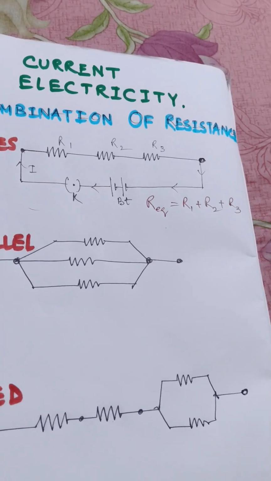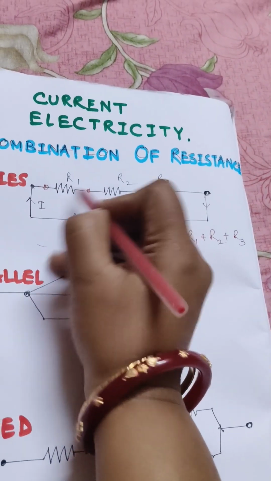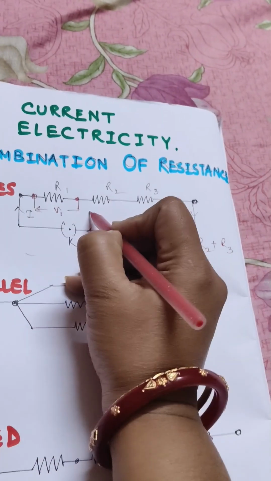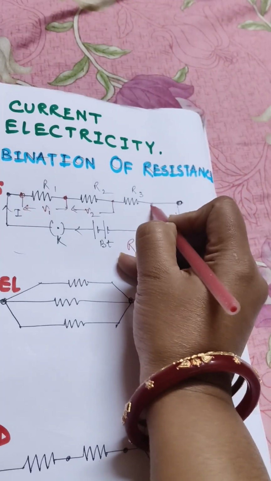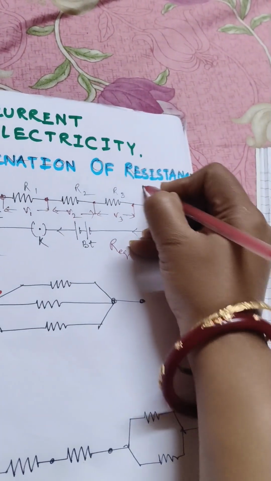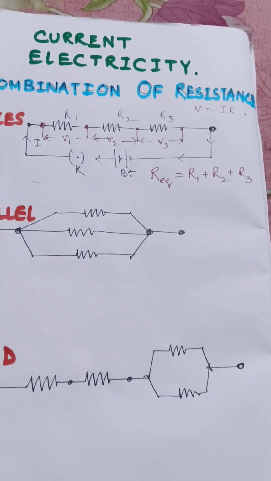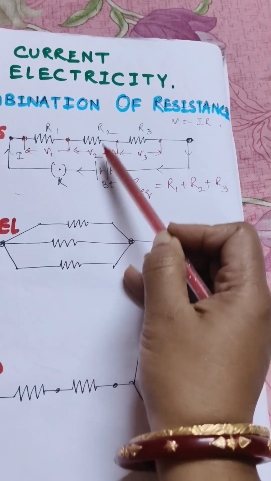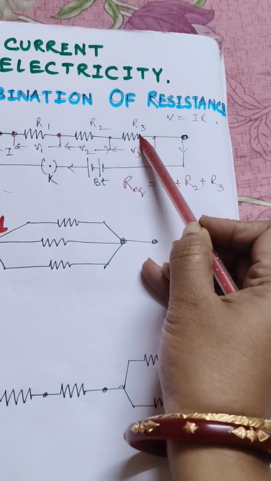The difference for R1, R2, R3 is the potential drop, the potential difference between these points: V1, V2 and V3. From Ohm's law, we know V is equal to IR. So V1 is I into R1, V2 is I into R2, and V3 is I into R3.